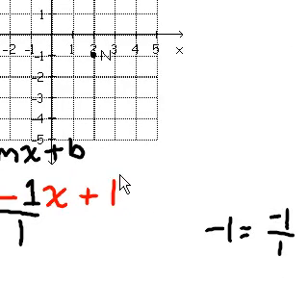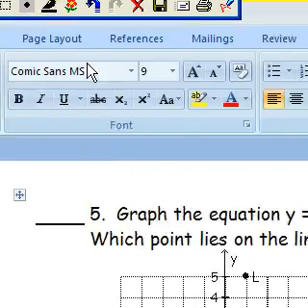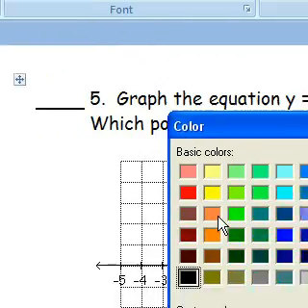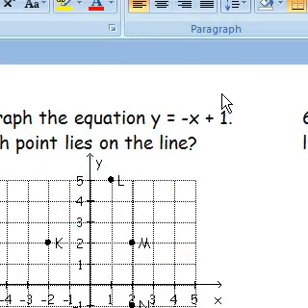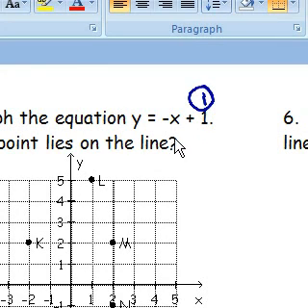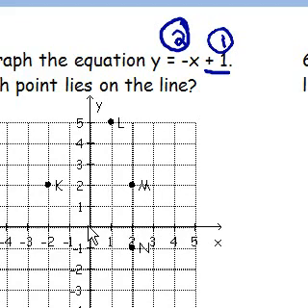Our first step will be to come up to our equation and look at the b, or the y-intercept, and then our second step will be to plot the slope. So our b is positive 1, so we'll come up 1, draw a point, and keeping our finger right there, what's our slope?